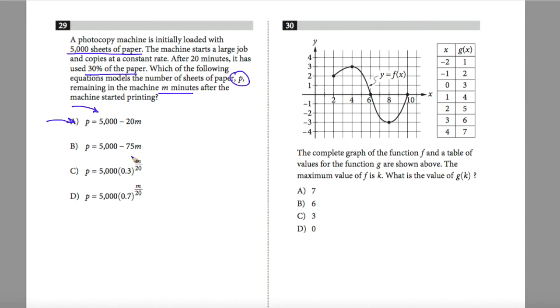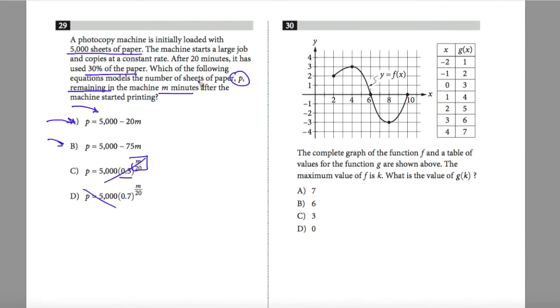And here it looks as though I'm subtracting, right, because it's asking how many sheets of paper I will have remaining. If I start with something and I'm using 30% of that after 20 minutes, I'm going to be between A or B, rather than this being 30% remaining, which is incorrect in terms of the way that's symbolized, and this is also incorrect.